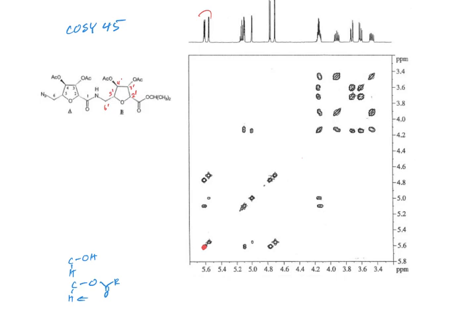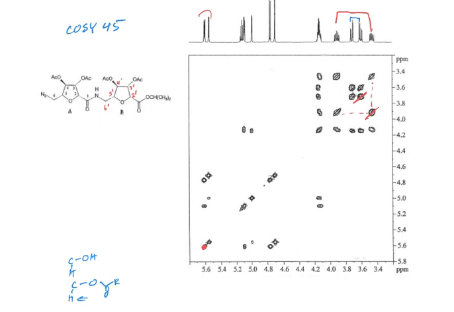So I'd say this one, right? So that means that this peak and this one is one diastereotopic pair, and maybe positive slope as well. So the other diastereotopic pair would be right here.